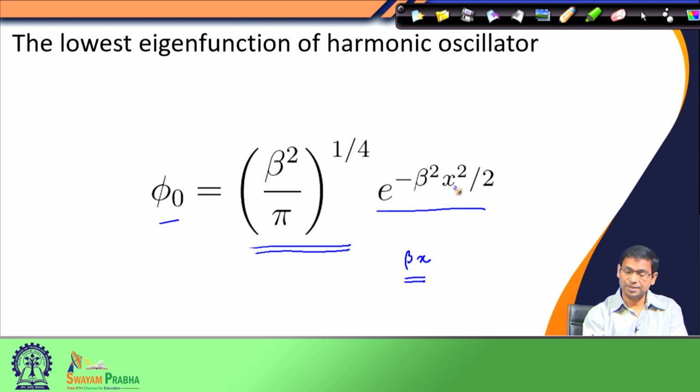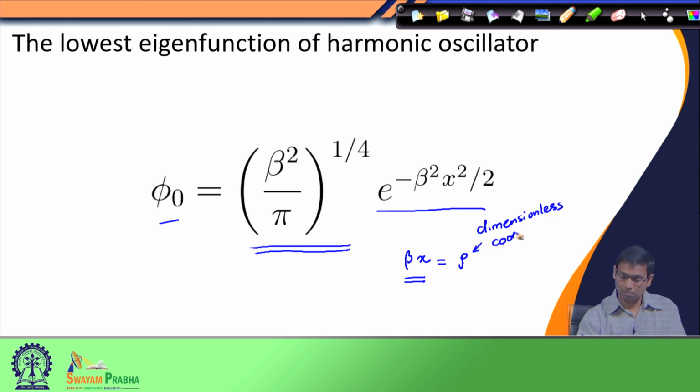So here beta square x square is actually a dimensionless quantity. We define this dimensionless quantity beta x as rho, which is a new dimensionless coordinate, as opposed to x, which is a coordinate with a particular dimension.